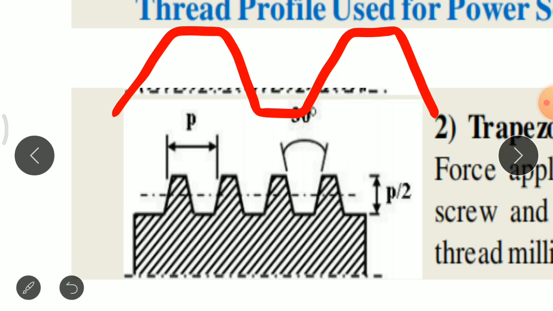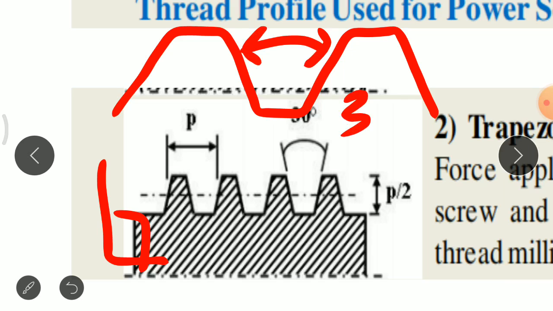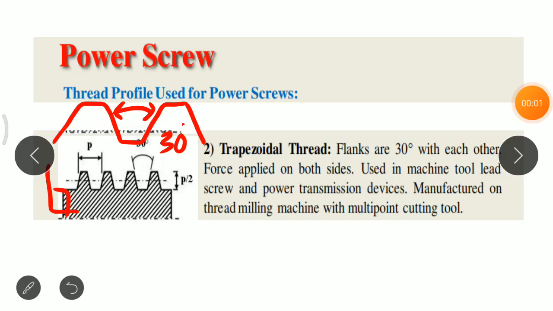As we discussed, in the square thread that angle is 90 degrees, but here the flank angle is 30 degrees, and based on that we call it a trapezoidal thread. An important point about the trapezoidal thread, from the manufacturing point of view, is that it is manufactured on a thread milling machine by using a multi-point cutting tool.